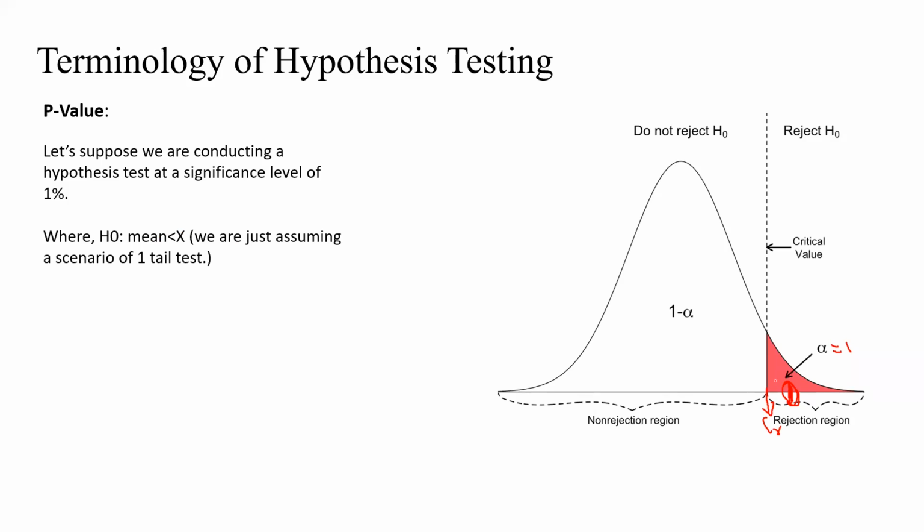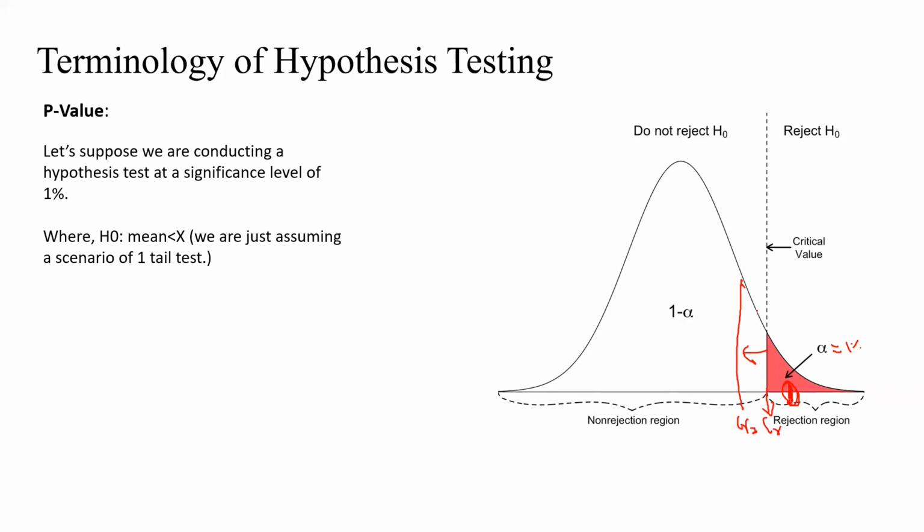Now think of a situation: what happens if your level of significance jumps to 2% from my current 1%? My critical region will shift towards the left, and I'll get an updated critical value for alpha equal to 2%.